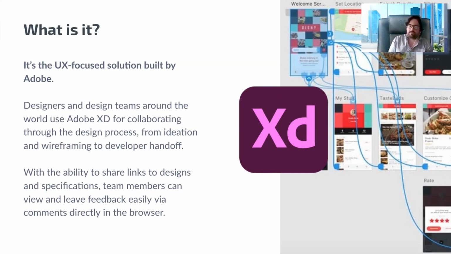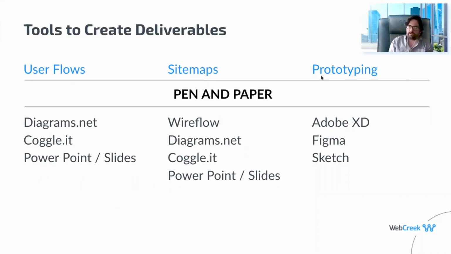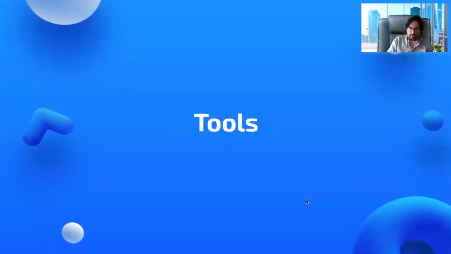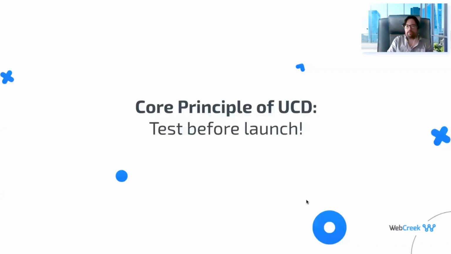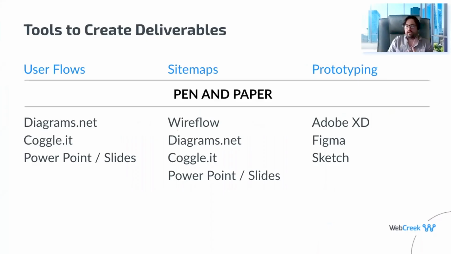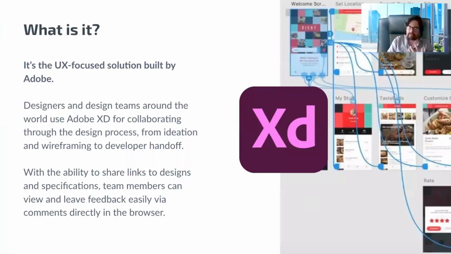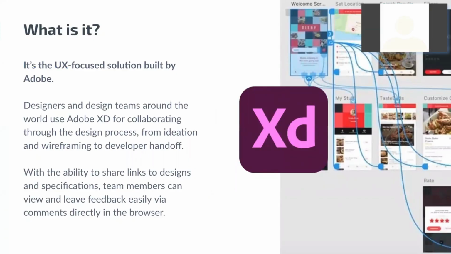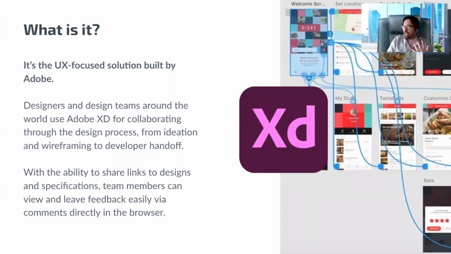And this is where the value of these applications comes into play, because if we go back to the earlier concept of testing before launch, imagine how clients and stakeholders are now able to see their product as close as it gets before it's actually a real thing. This is very important in order to have decisions made, to refine development, and to create a seamless process where you don't waste any time or money.